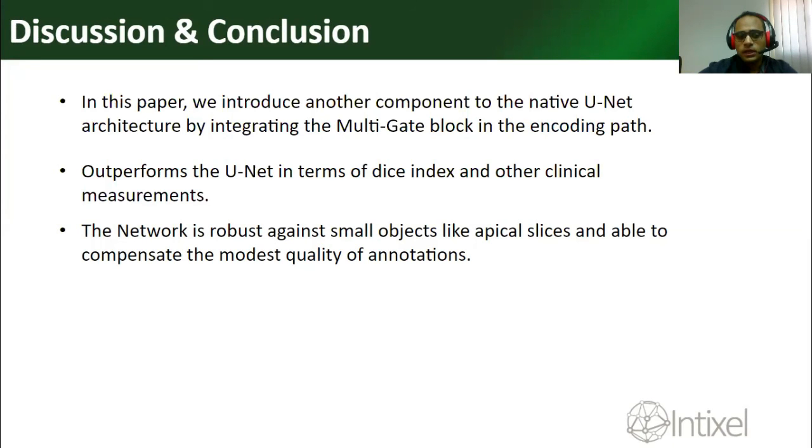The network again is robust against small objects like apical slices, and it was able to compensate for the modest quality of annotation as seen in the LVSC results, where the ground truth annotation was actually not that accurate, but the model was able to correctly predict the boundary of the left ventricle.